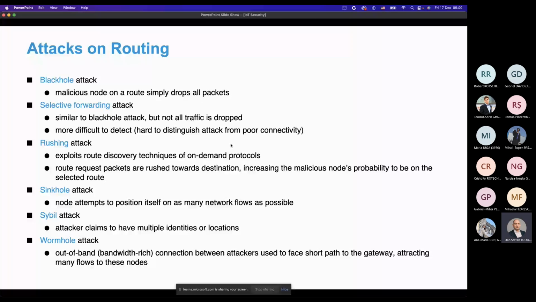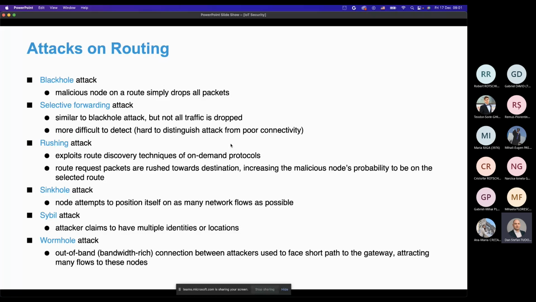And another attack on routing procedure, lastly, is the wormhole attack. This attack is performed by nodes that have more resources available than typical sensor nodes in the network. So, for example, you have maybe two collaborating attackers that attempt to deceive the rest of the network by possessing an out-of-band or bandwidth-rich communication channel between themselves. To the rest of the network, this appears as a very fast, high bandwidth link, which is desirable, of course, by many routing techniques.